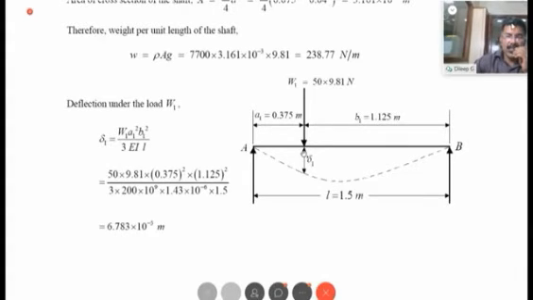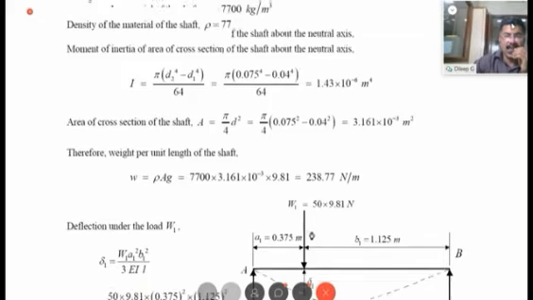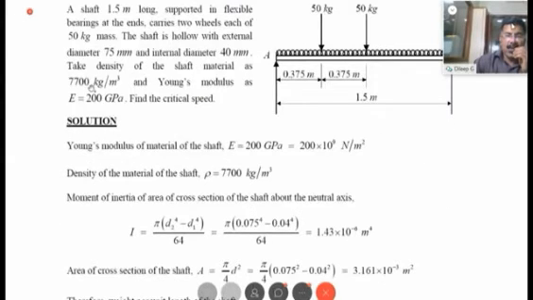So the deflection under the load W1, which is delta 1, is equal to W1 into A1 square into B1 square divided by 3 into E into I into L. Now W1 is 50 into 9.81, A1 square is 0.375 the whole square, B1 square is 1.125 the whole square, divided by 3 into E. E is given as 200 gigapascal.